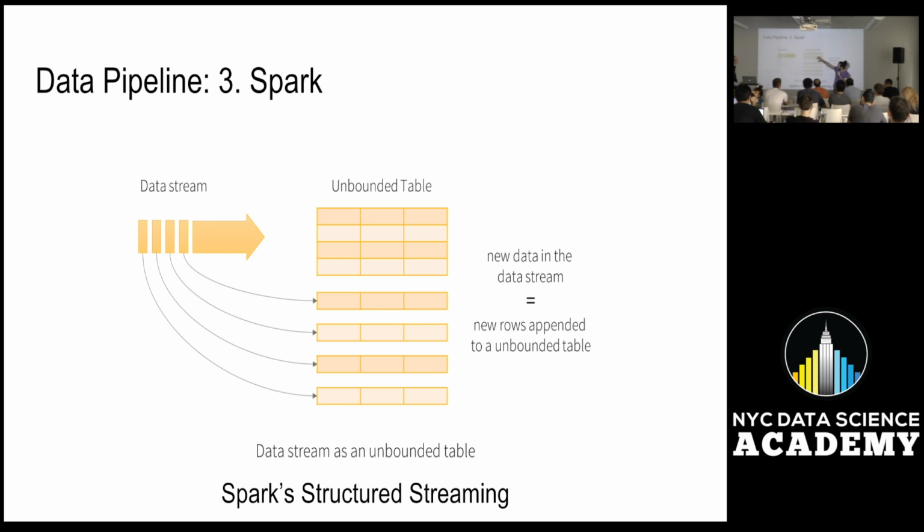In this way, you see that it's an unbounded table, and every stream that comes in is like an appended row on your table. What makes that really useful for us is that the syntax you use when you're coding or calling things from a table or from a stream is the same, but you just add readStream or writeStream instead of read or write in Spark.